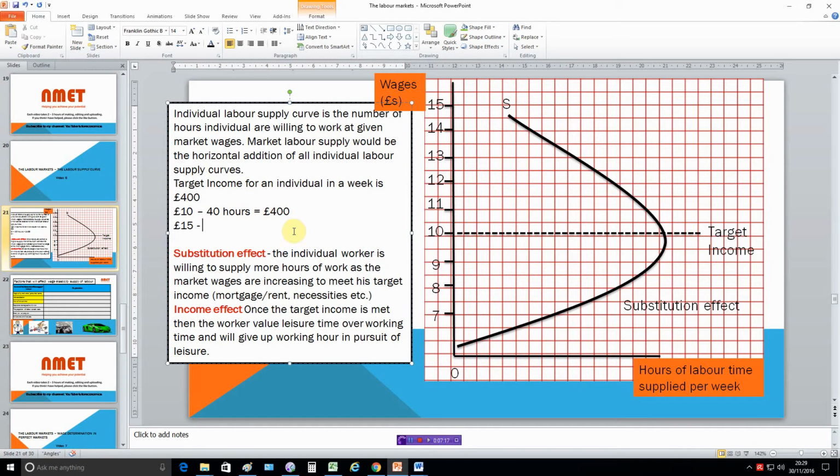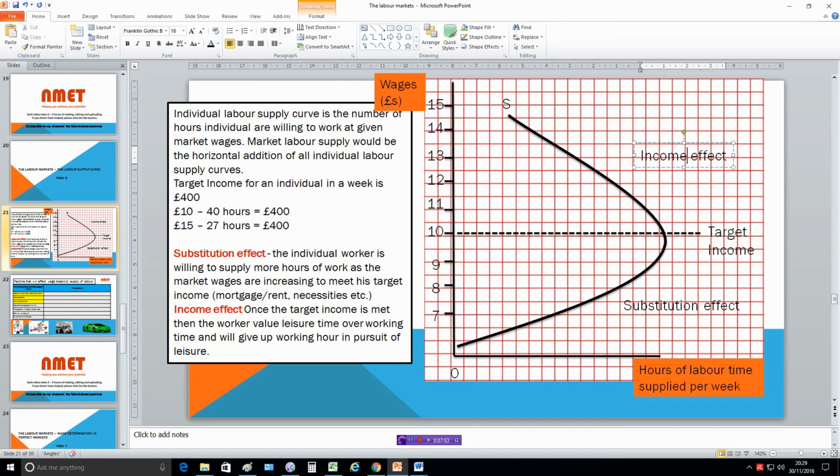To make £400, he'll probably have to work fewer hours, about 27 hours. This part shows the income effect.